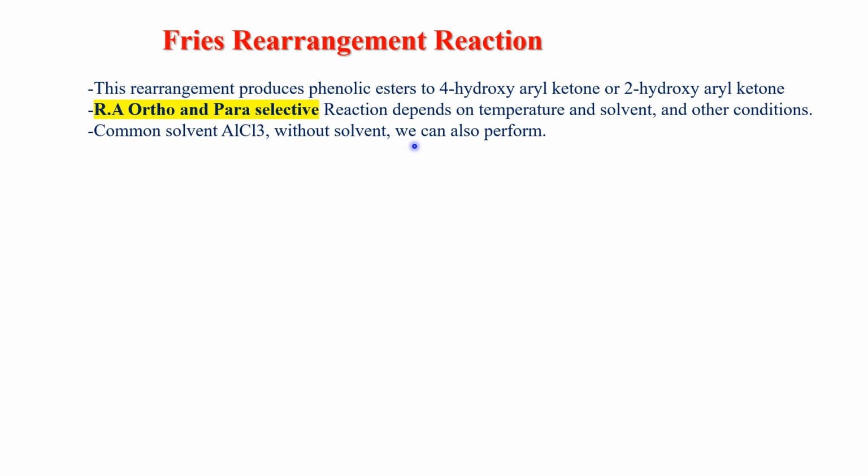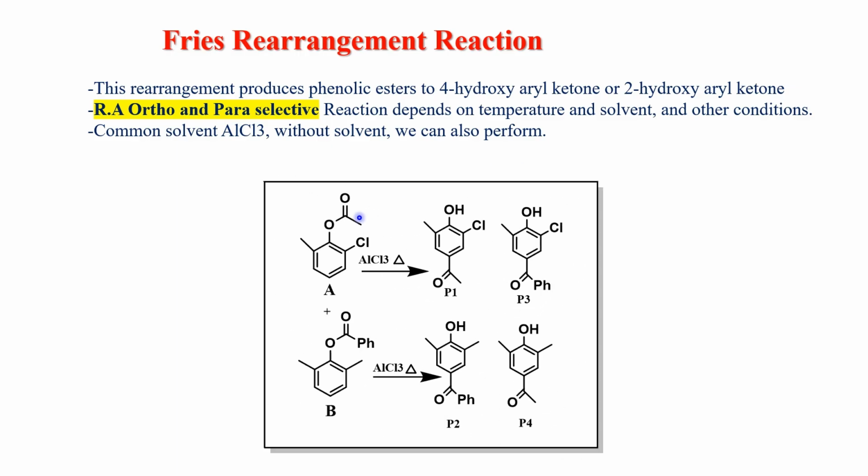Take phenolic esters in the presence of Lewis acid and heat, which give product P1, and reactant B reacts with aluminium chloride and heat to give P2. If you react A and B together, we get P3 and P4. That means this is an intermolecular mechanism.